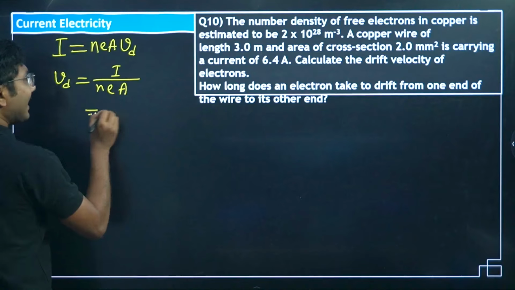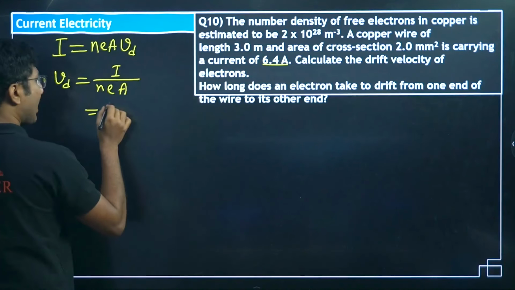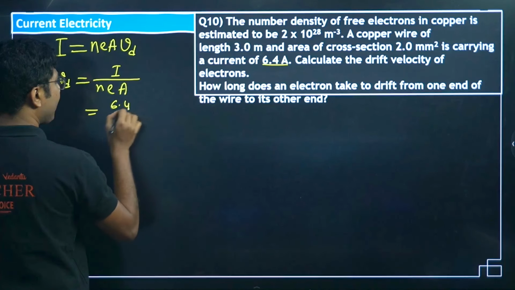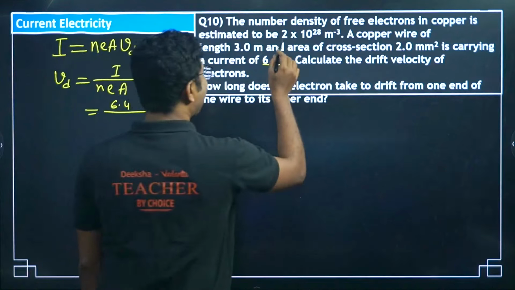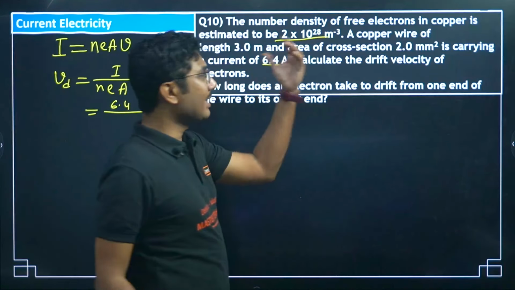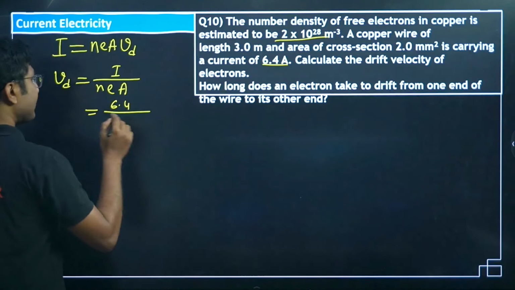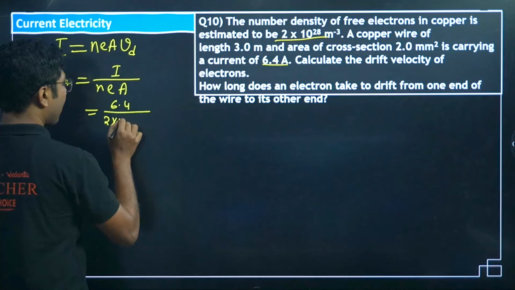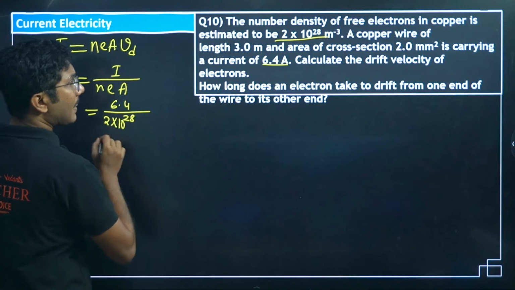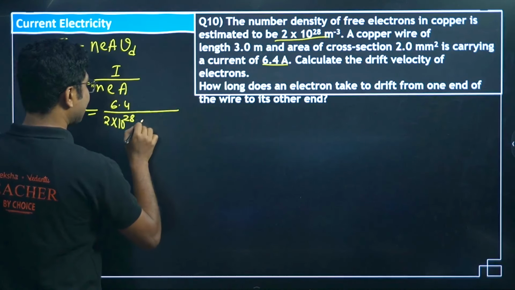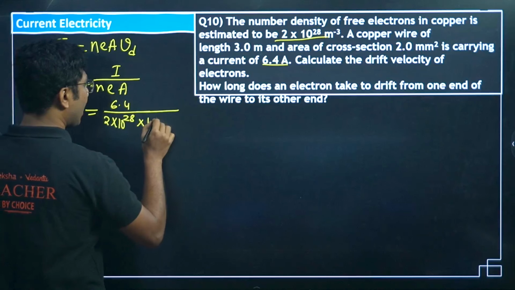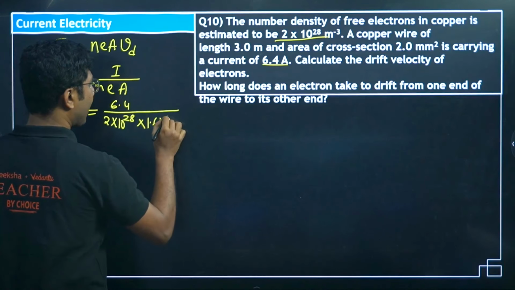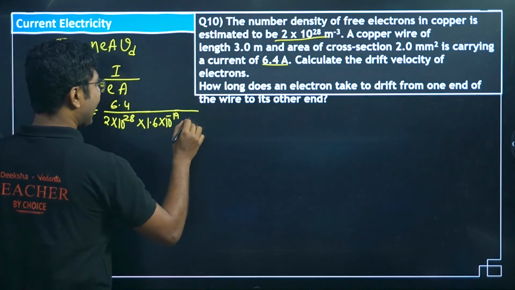Now, the current, if you see, is given as 6.4 ampere. So, 6.4 ampere divided by n. This number density of electrons, small n, is given as 2 into 10 to the power of 28. And the charge on an electron we know is 1.6 into 10 to the power of minus 19, and area.